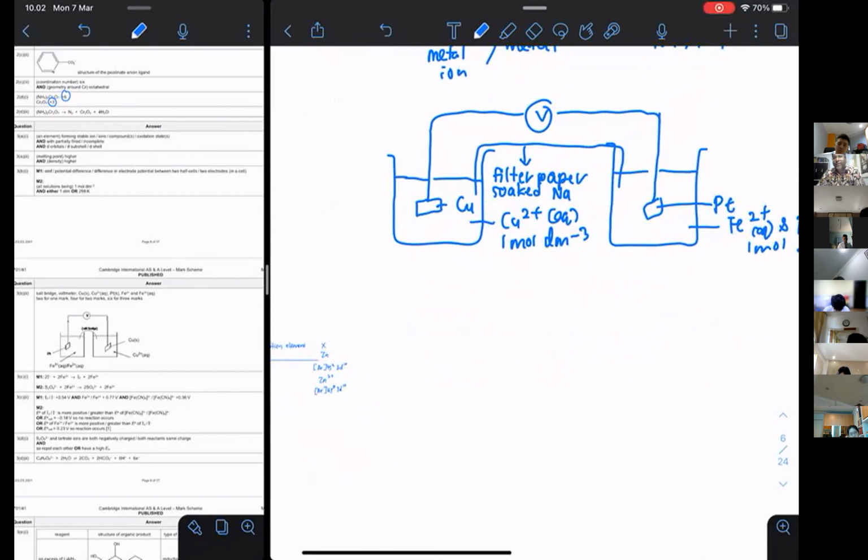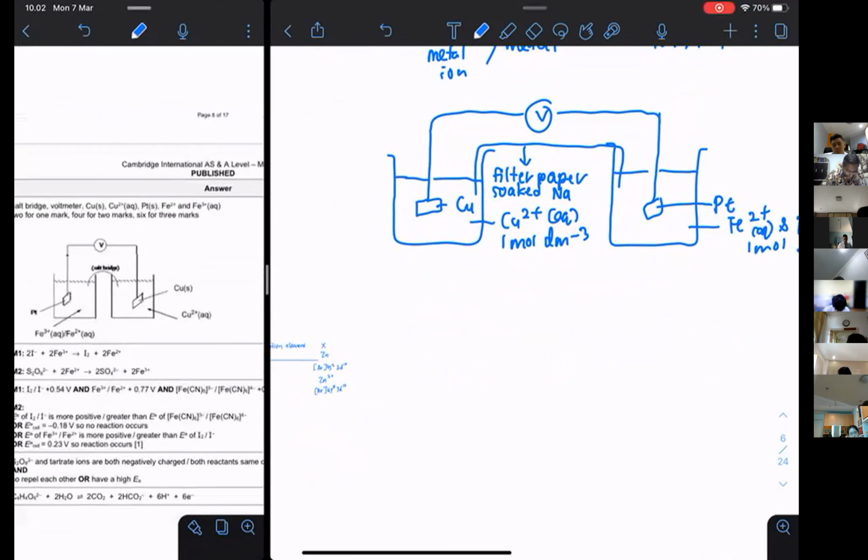It cannot be chloride, because if you're using, for example, Ag plus, it will give you AgCl, so the filter paper will not work. So filter paper soaked in NaNO3: this is the salt bridge.